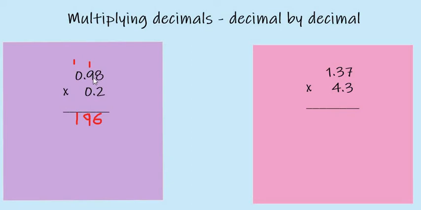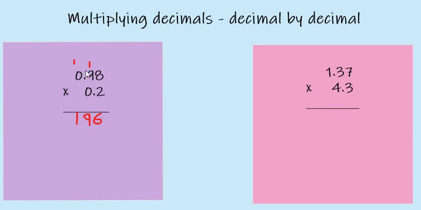Let us identify the number of digits behind the decimal point, or to the right of the decimal point. In the first number, we have 2 digits behind the decimal point, or to the right. And in the second number, we have 1. So that means in total, how many digits do we have behind the decimal point?